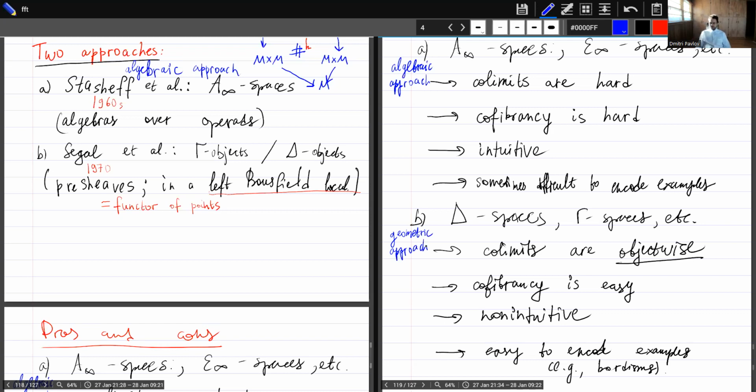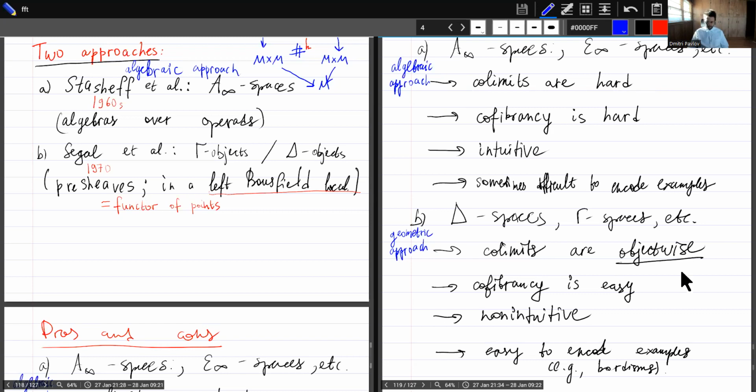One of the main differences is how colimits have a vastly different level of difficulty of treatment. For infinity spaces and other highly structured algebraic entities, colimits are just very difficult to compute.